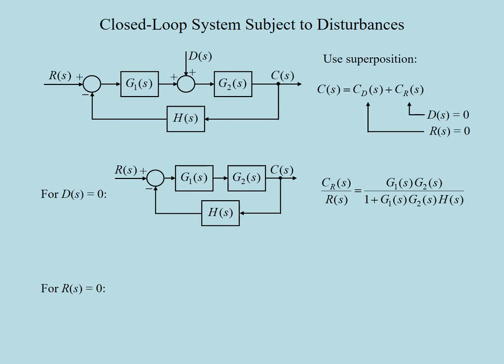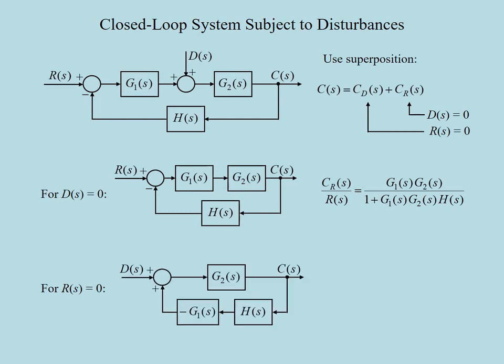Now consider the case where R of s is equal to 0. In this case, the feed-forward transfer function is only G2 of s, and the loop transfer function is G2 times G1 times H. So the closed-loop transfer function C sub D by D will be G2 divided by 1 plus G1 G2 H. It is interesting to note that both closed-loop transfer functions share the same common denominator, namely 1 plus the open-loop transfer function.